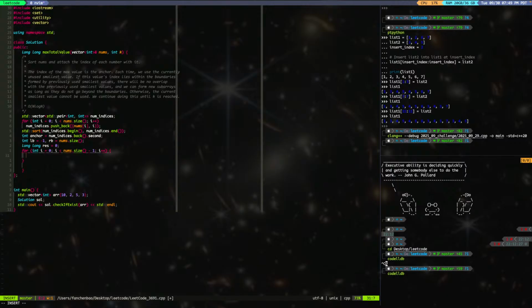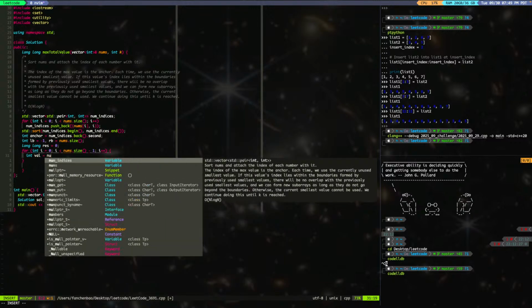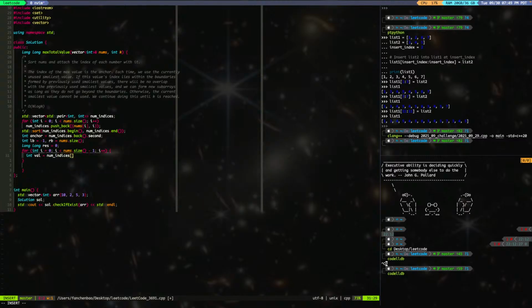So for each one, int val is nums indices i dot first, j is nums indices i dot second.